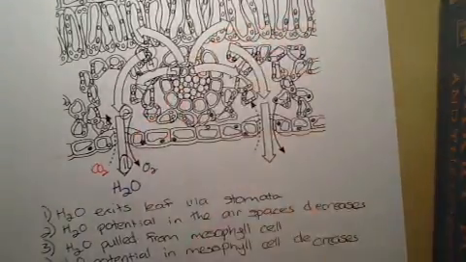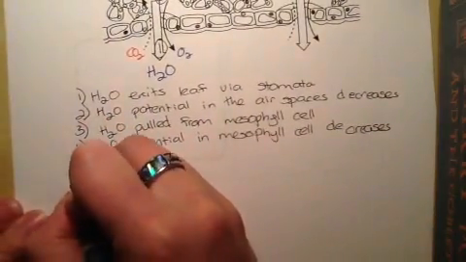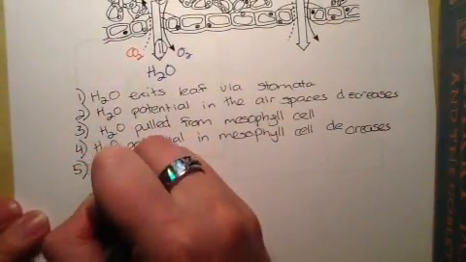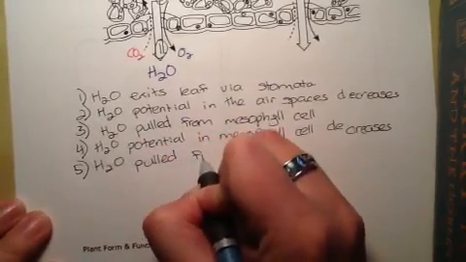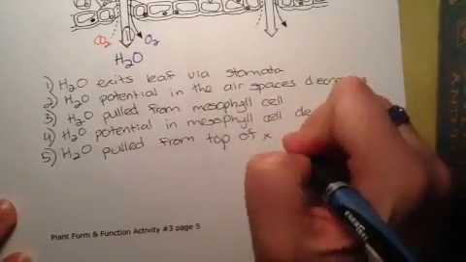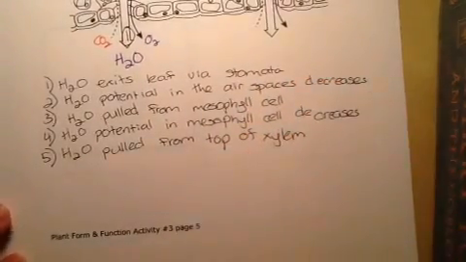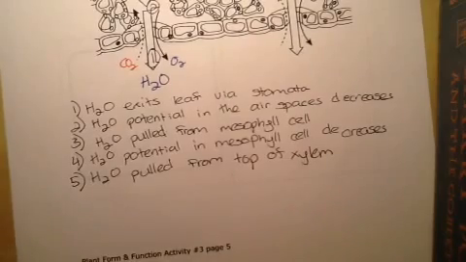That's step 5. Water is pulled from the top of the xylem. Basically, water potential decreases in one area, so water gets pulled from the nearby area, okay?